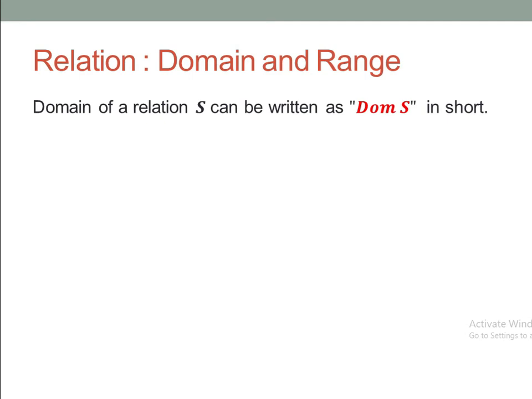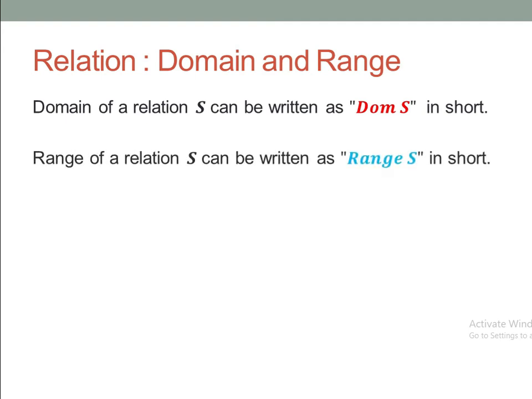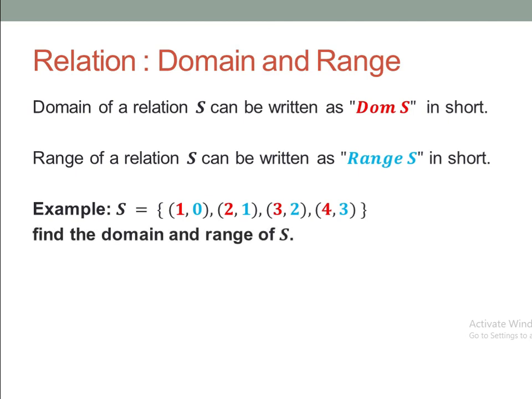Note that domain of relation S can be written as dom S in short. Range of a relation S can be written as ran S in short. For example, let's take S, where S is equal to {(1,0), (2,1), (3,2), (4,3)}. Find the domain and the range of S. Now we are going to find the domain and range of this relation.